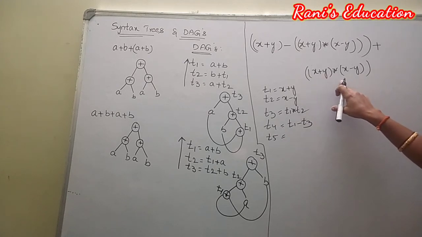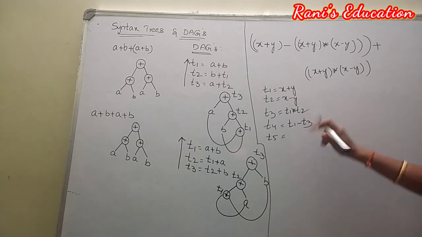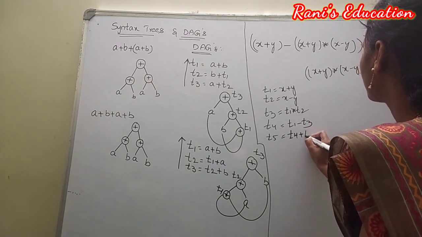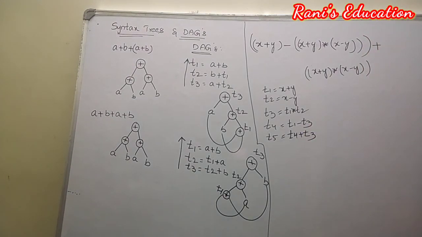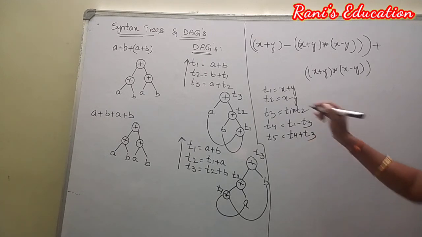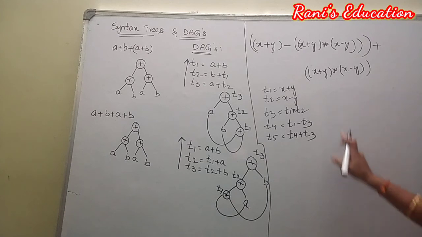Then go for this x plus y, which we have already computed, isn't it? That is T4 plus T3. This is the 3 address code, isn't it?